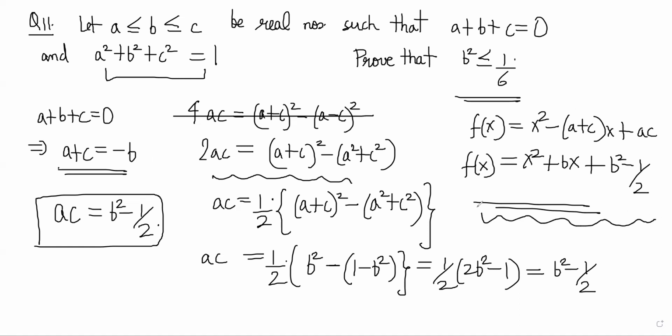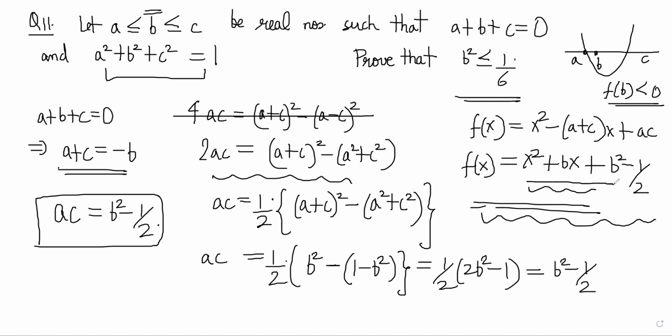Great. Now think about it. If the roots are a and c and the quadratic looks like this, the graph of the quadratic will be like this, right? a is a root, c is a root, but you know that b lies between a and c. b is somewhere here, so f of b is less than 0, because it's an upward facing parabola and f of b must be less than 0.